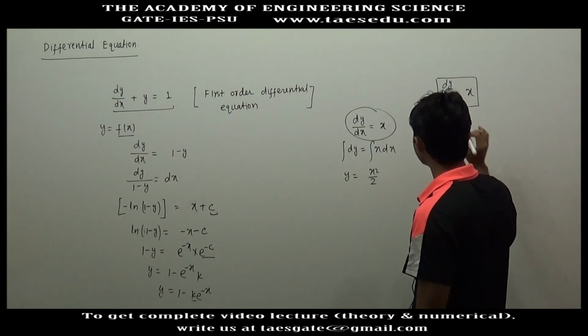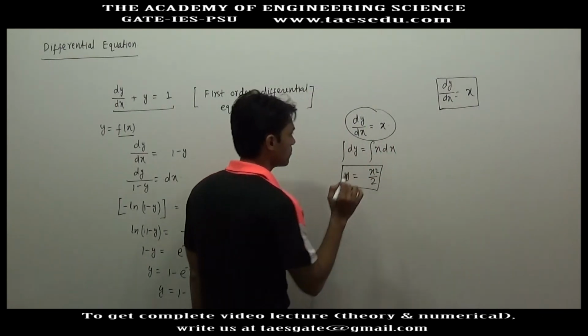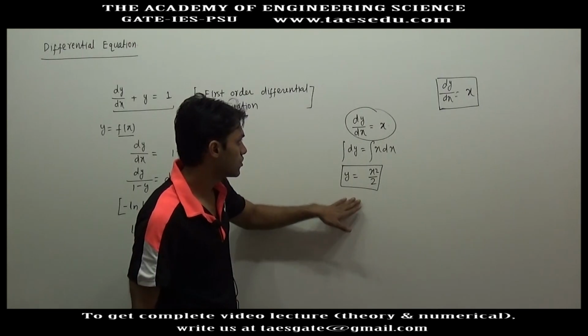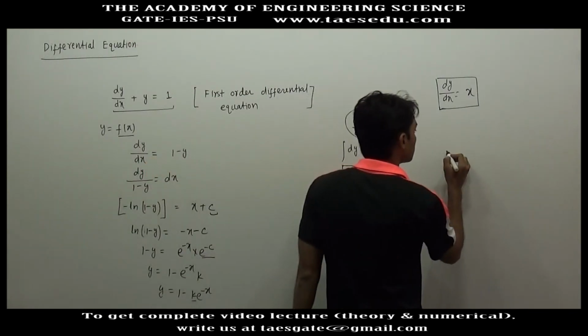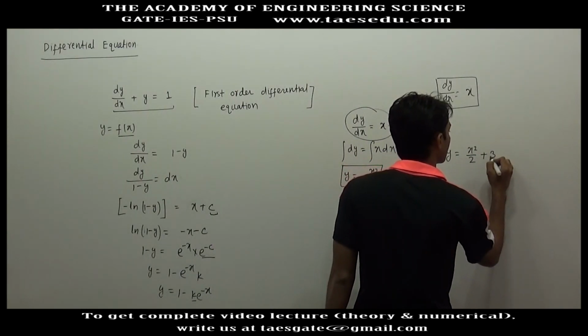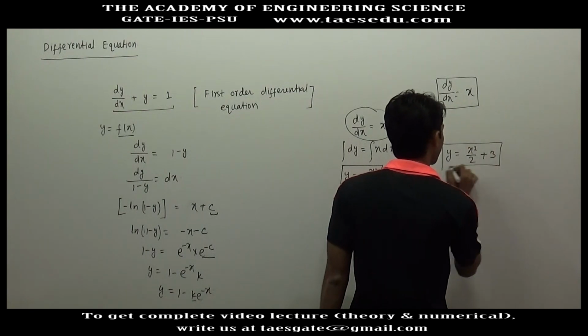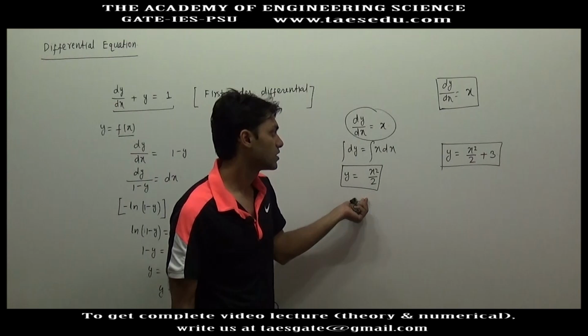Now y equal to x square by 2 is a solution of this differential equation. Now I am giving you y equal to x square by 2 plus 3. This is also a function. This function is different from the previous function.